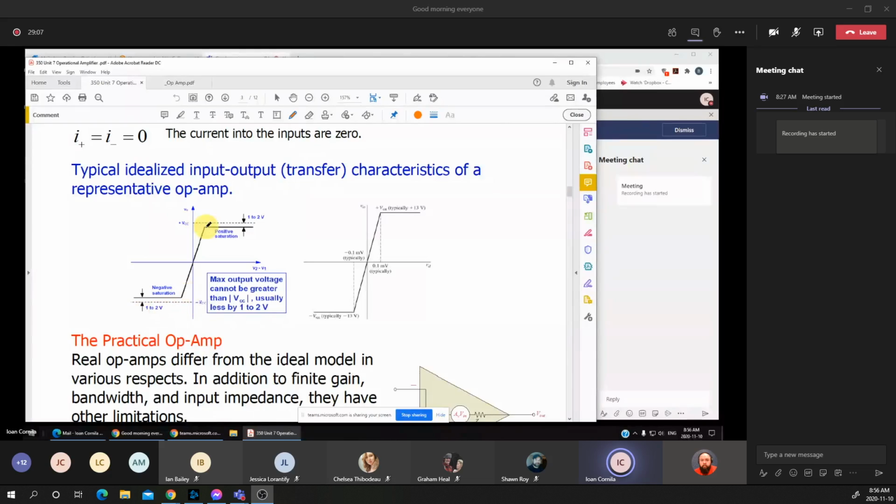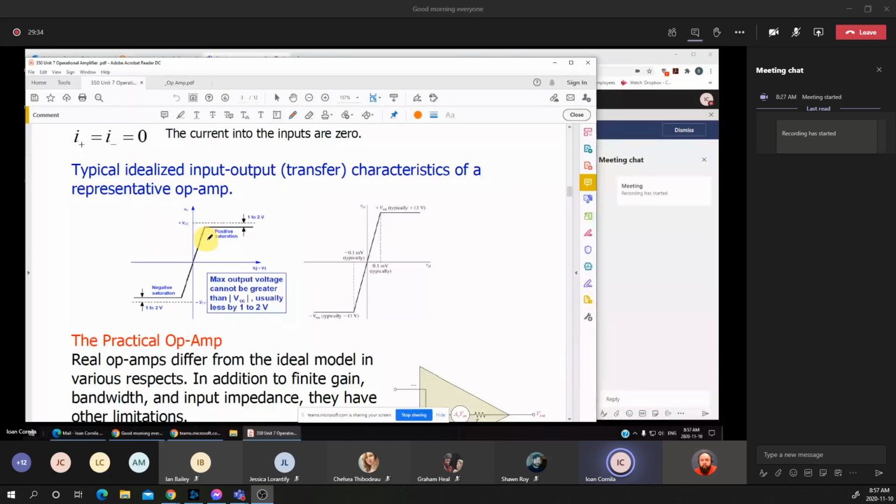Remember that when the transistor is in saturation, not always is the voltage in saturation equal to 0. For a practical BJT, that voltage is about 0.2, 0.4. We may see 2, 3, or 4 transistors on the output circuit of the op-amp.